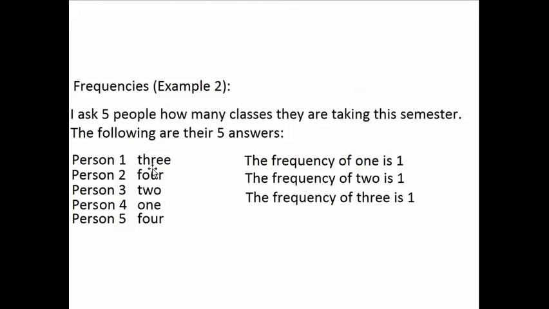And since this value of 4 appeared 2 times, 4 has a frequency of 2. And just like before, all of these frequencies add up to the number of values in the data set. 1, 1, 1, 2, 1, 3, and 2 4s make up the 5 values in the data set.